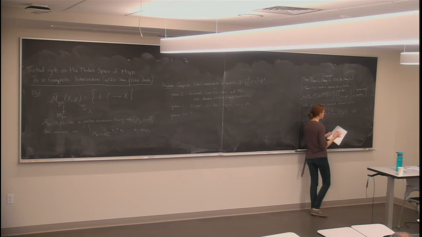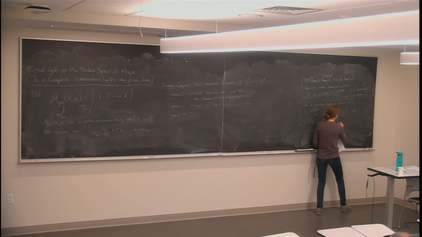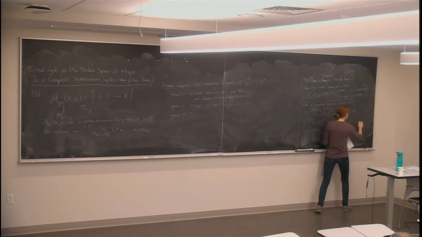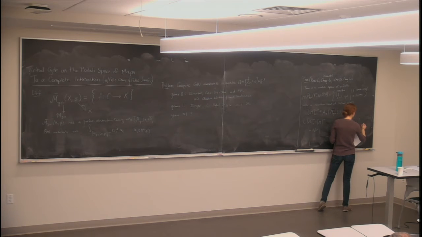And really, the key point of the theorem is the equality that I'm about to write, which is that this cosection localized class is in some sense dual, or very closely related to the original virtual fundamental class on the moduli of maps to the quintic. The difference is just a sign.